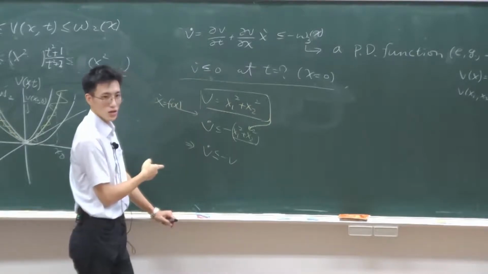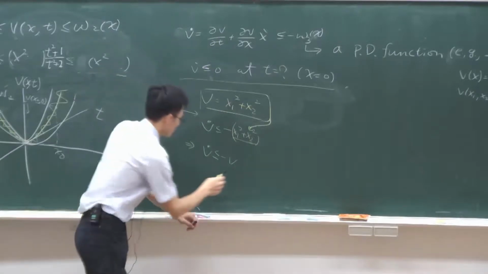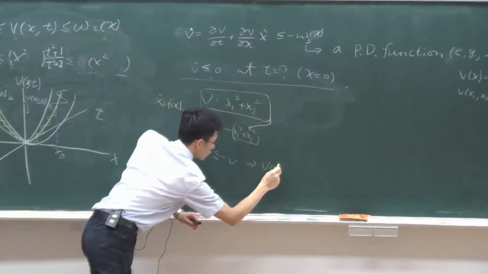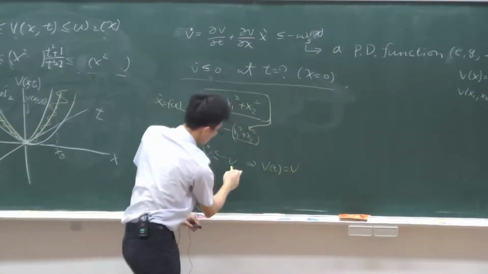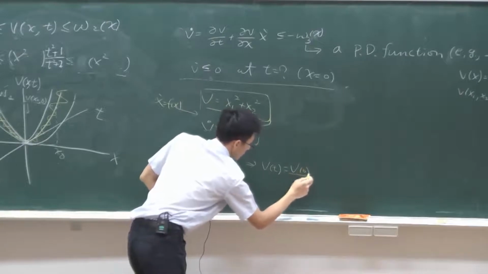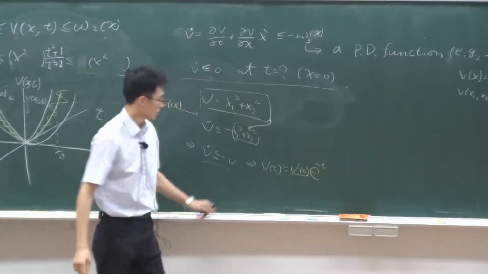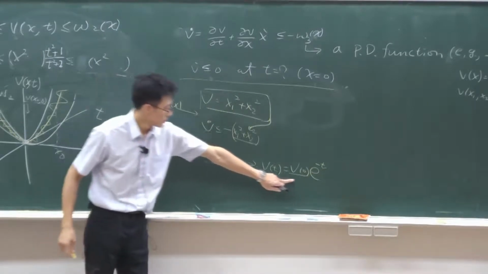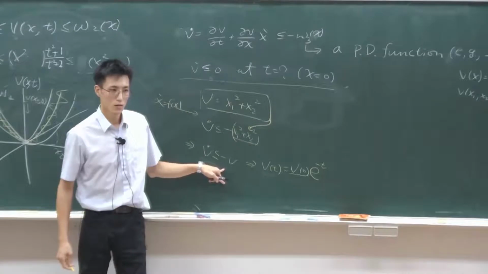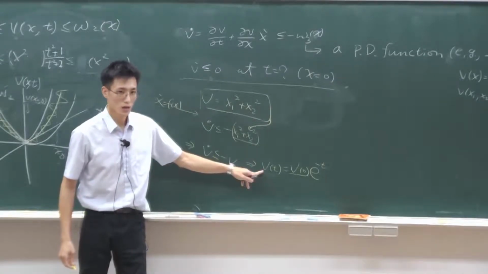So it's a linear ODE for V, not for X. For V, it's just a linear ODE, so you solve it, and the solution is this. The solution for V(t) is this, based on this ODE, okay? But it's for V, not for X.